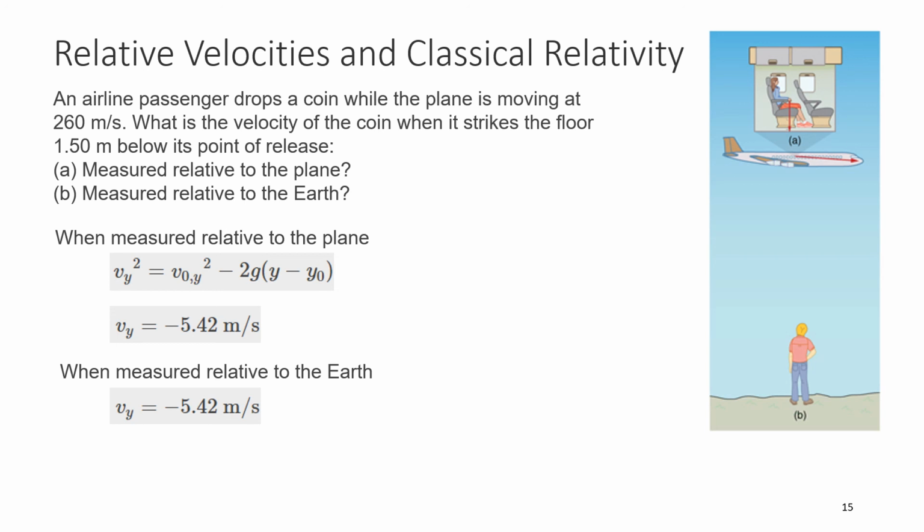And the final horizontal velocity is the same as the horizontal velocity of the airplane, which is Vx equals 260 meters per second.